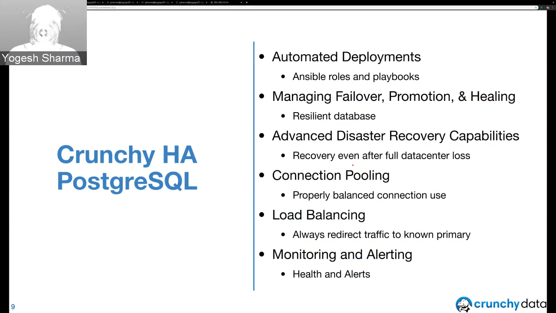Not only that, in certain scenarios, automatic healing is also possible. The way we have created our playbooks, we automatically include pgBackRest for backup and recovery. So if you are storing your backups in S3, you can easily recover anywhere as long as your S3 bucket is available. So you have DR capabilities there.